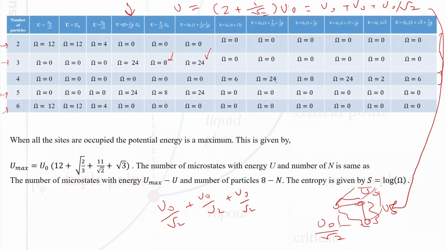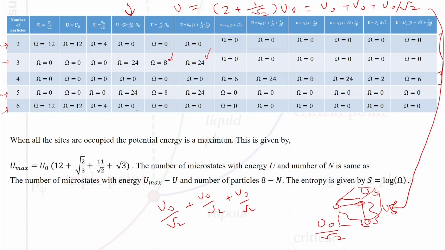So like that you populate this table, preferably by writing a program. That's how I did it, and I used this software called Mathematica, which is very useful for this type of calculation. And then I told you for 5 and 6 I didn't do anything.